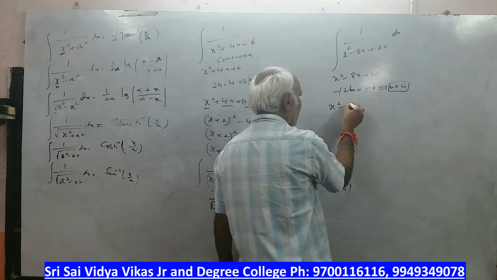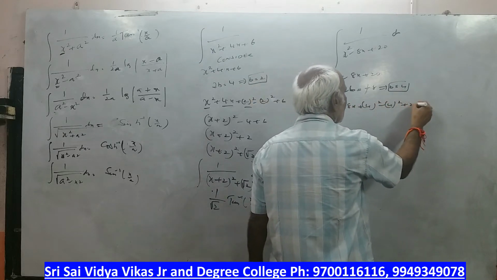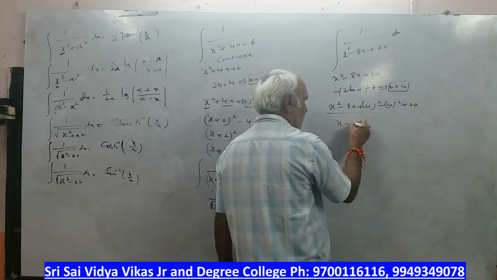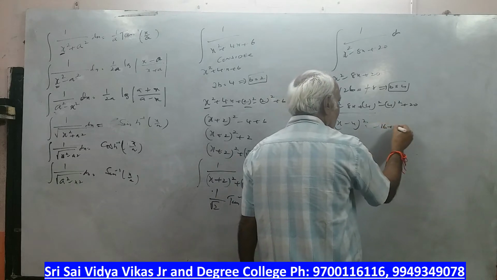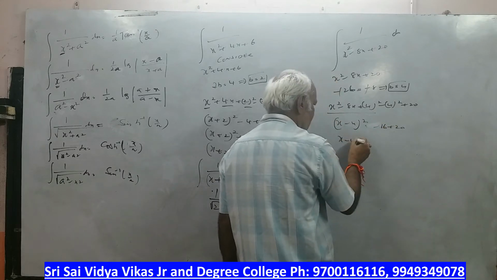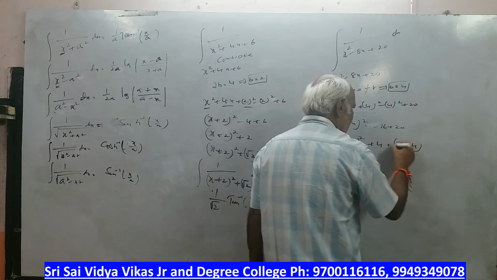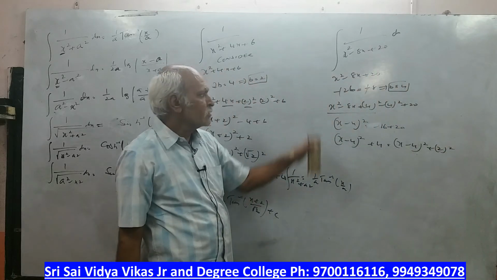So x² − 8x + 4² − 4² + 20. This is a² + b² − 2ab. Plus 20, so minus 16 plus 4. This can be written as 2². So we have converted.